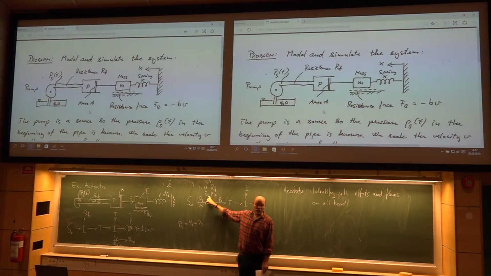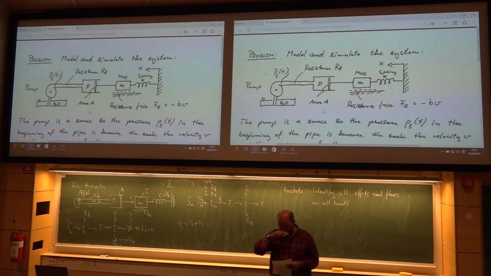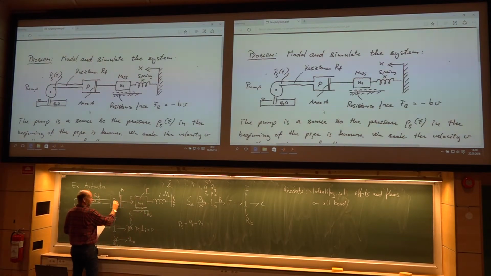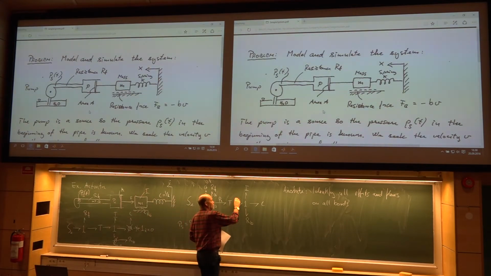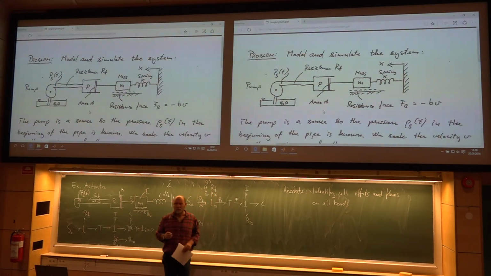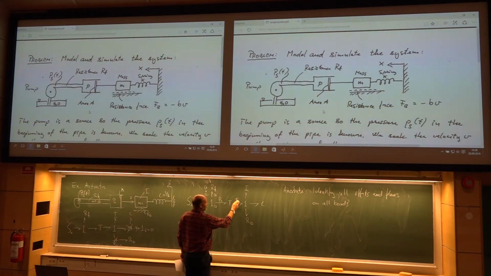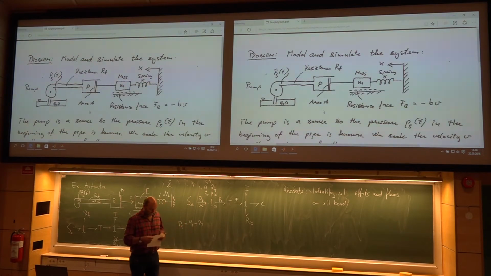If we know pressure 1 and we know the source, we can calculate the pressure P2. If you know the pressure P2, which is the pressure inside this cylinder, we can find the force on the other side. There we have a connection through the transformer. Pressure times area gives force. So then we know this force. That is nice.